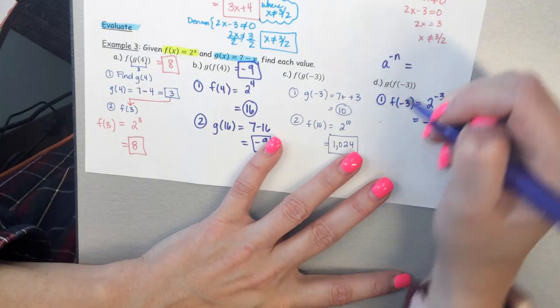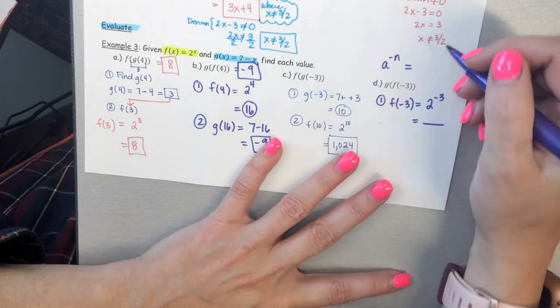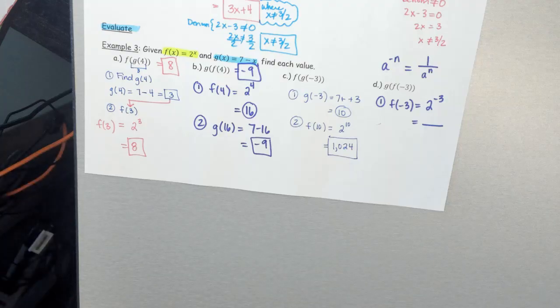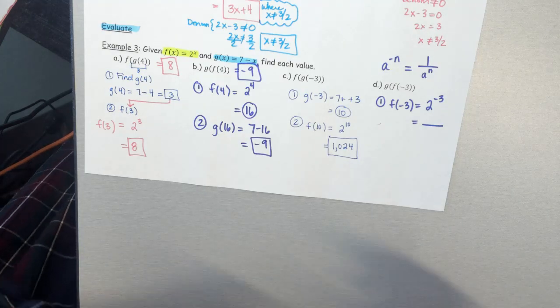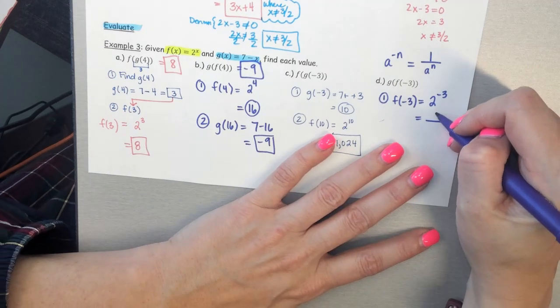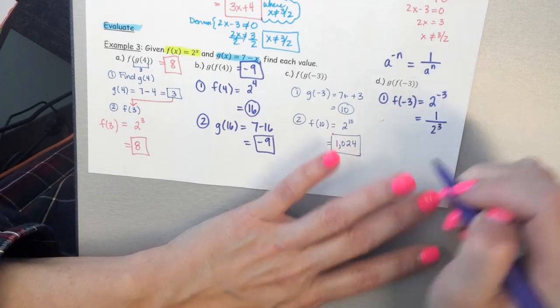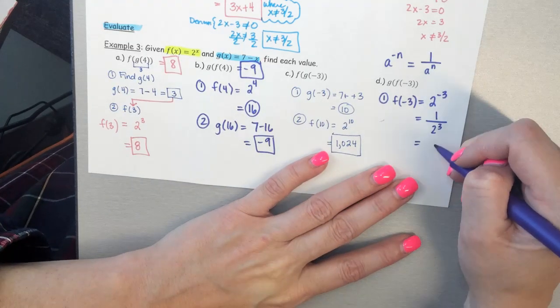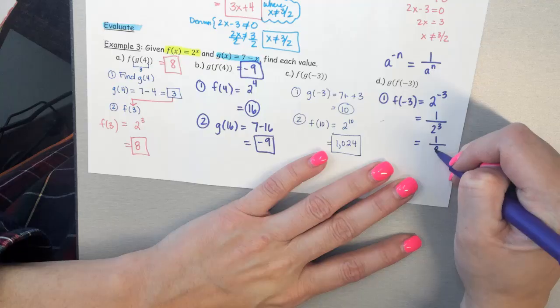If you have a to the power of a negative, to make it positive, you can put it over 1. Yep, that's one of your exponent rules from Algebra 1. So this means you do 1 over 2 to the third. And 2 to the third is what? 8.